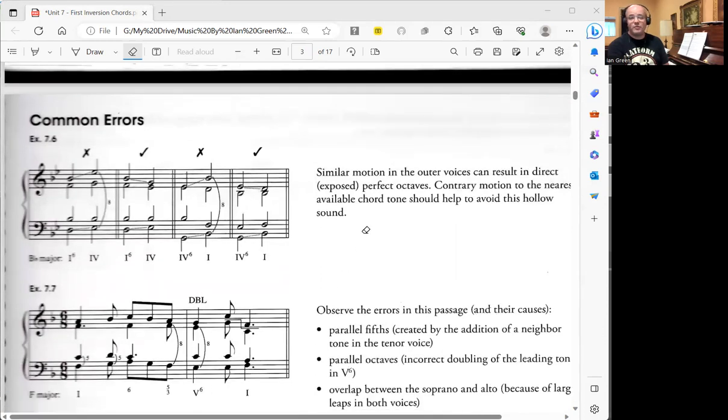Now, something that really will help with using first inversion chords is the possibility for fewer leaps in the bass. That helps to create smooth voice leading, not only with all the other voices, soprano, alto, tenor, but also the bass can sometimes have stepwise motion or smaller jumps. So it really helps to create smooth voice leading.